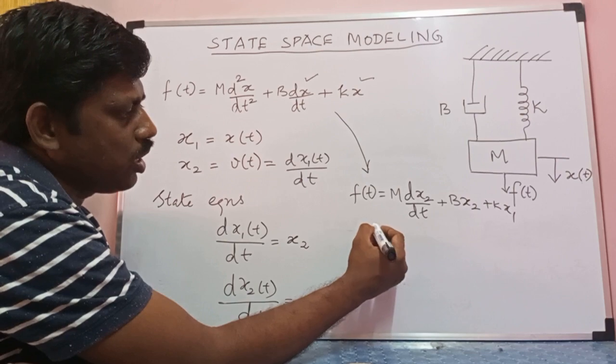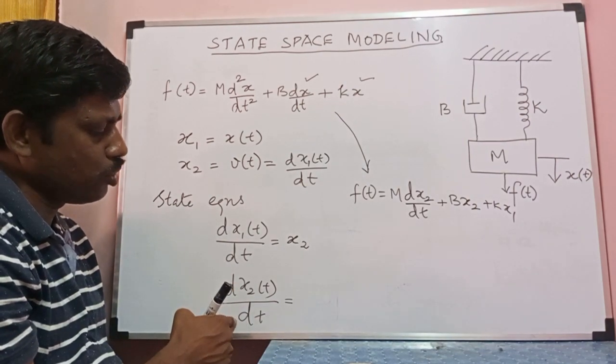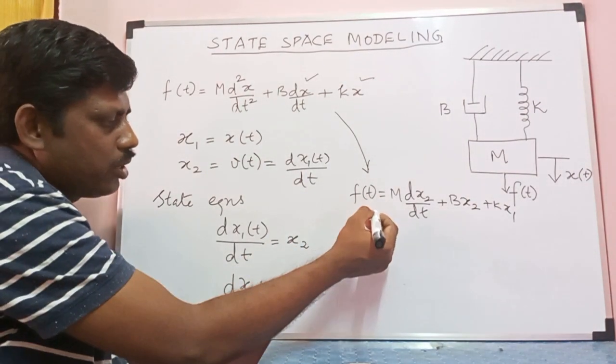So from this I will get dx2 by dt. What is this dx2 by dt?